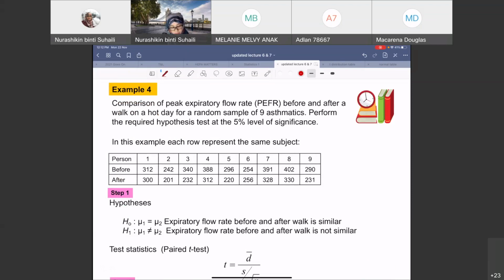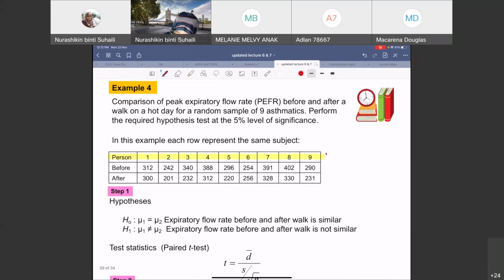In this example, each row represents the same subject, and you measure these subjects before and after. Whenever you see the keywords before and after, you know that these are dependent samples, because it couldn't be independent.